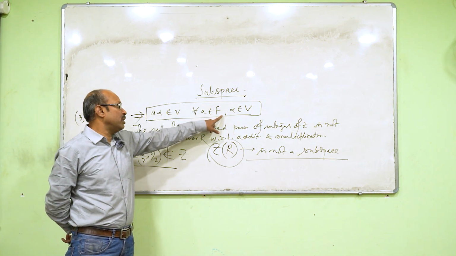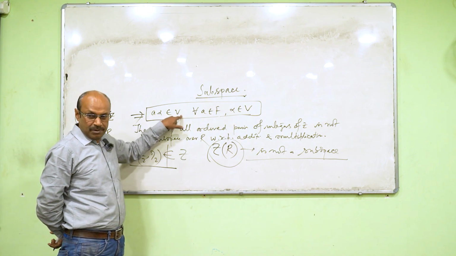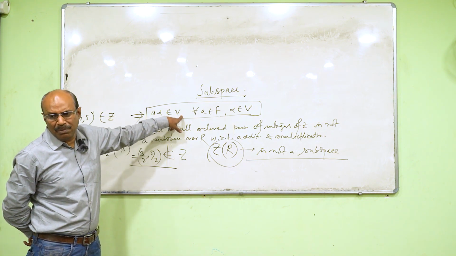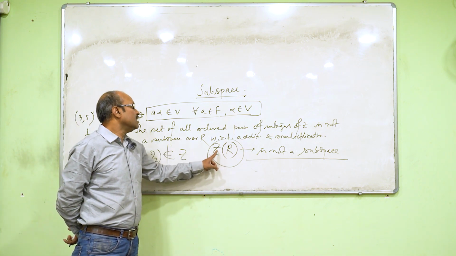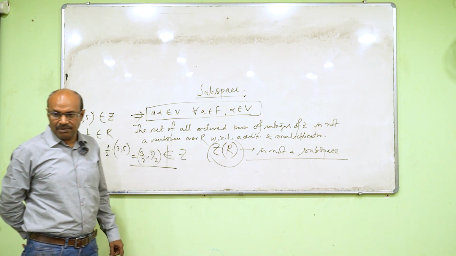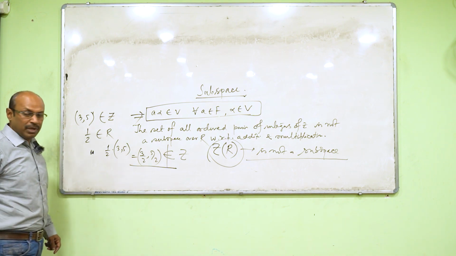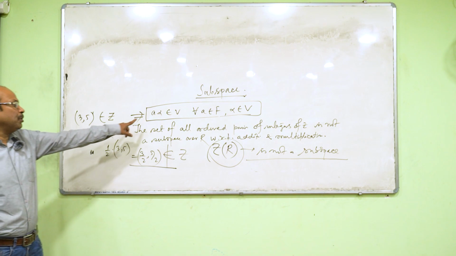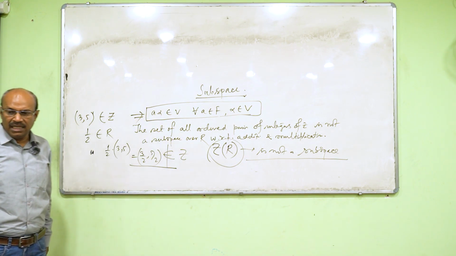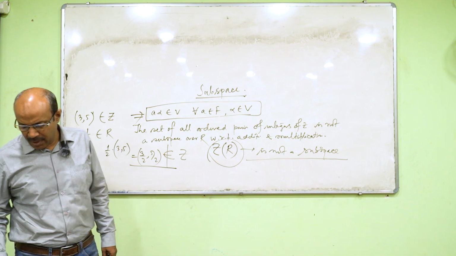For all a belonging to F and alpha belonging to V, a alpha must belong to V for V to be a vector space. Here, is Z a vector space over R? We have to find it. Here we see that this property does not hold in Z. That is why Z over R is not a subspace.